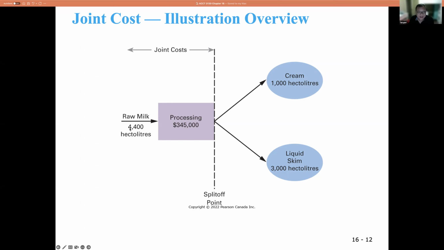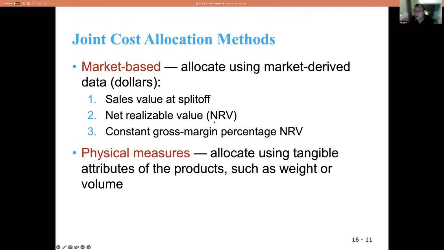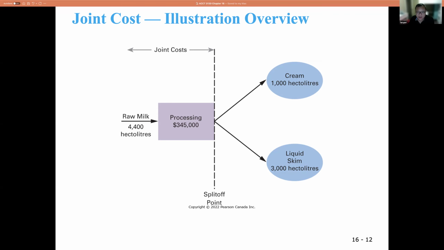You are processing 4,400 hectoliters of raw milk, and that processing cost will be $345,000, and this is the joint cost. Any cost occurred prior to the split-off point is a joint cost, and at this point you get two products. You get 1,000 hectoliters of cream, and you get 3,000 hectoliters of liquid skim.